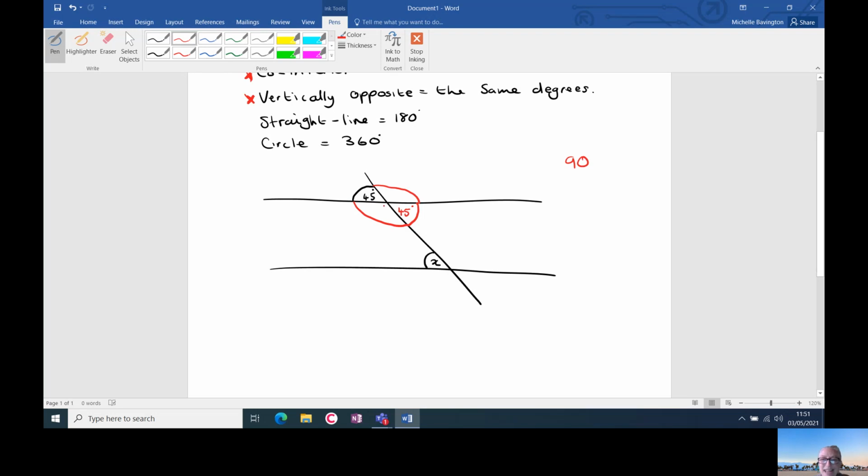This is going to help me. Right, 360 minus 90 equals 270, divided by the 2, because they're the same, vertically opposite, is 135 degrees. So 1, 3, 5. Okay, how's that going to help me?